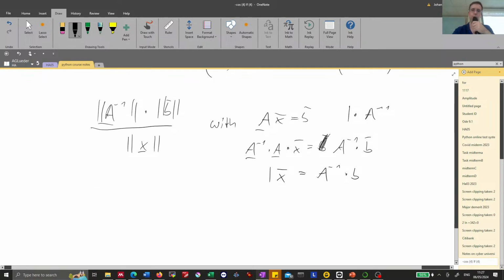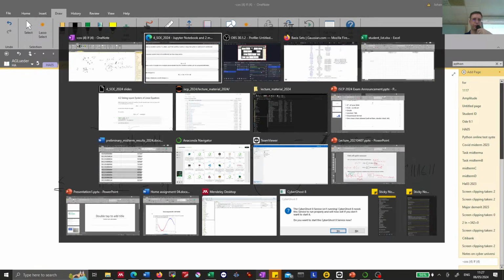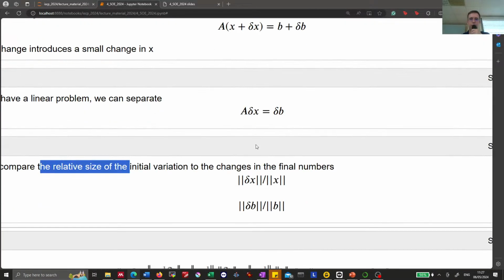But now we can say we take the norm of this vector, the norm of the product, but the norm of the product should be smaller or equal to the product of the norms. So far so good? Right? Okay, so this is where we get the x in. So over here we then write just smaller or equal x divided by x, which is 1. So far so good? Okay, so we go down here again.